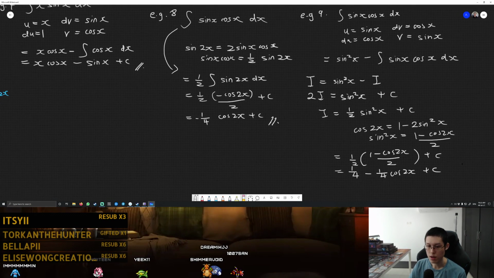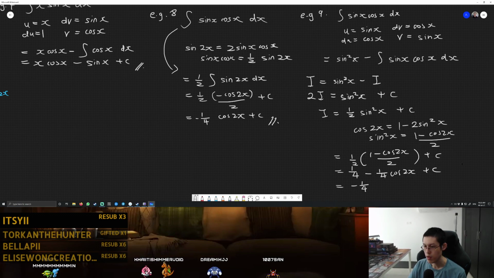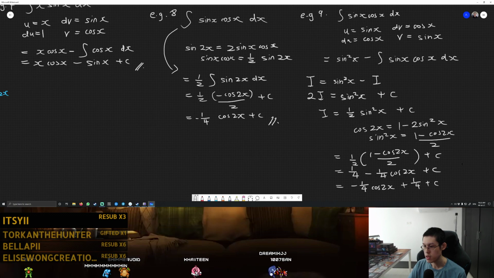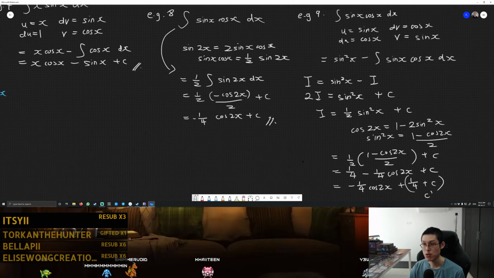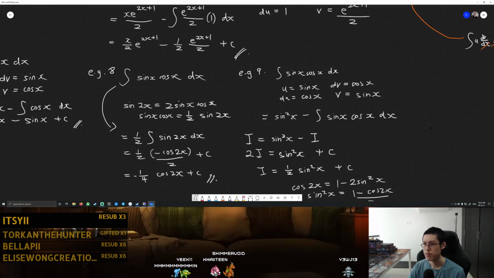So let me just write that here. Negative 1 over 4 cos 2x, and then plus 1 over 4 plus c. So this 1 over 4 plus c is just another constant. We'll call it c prime. So you can see these two are actually equivalent. So you can do integration by parts, or you can use the identity. Again, I recommend using the identity because it's faster.